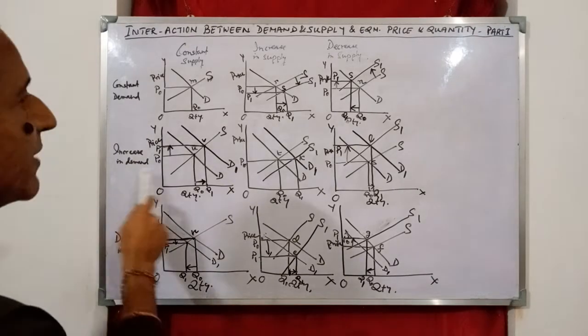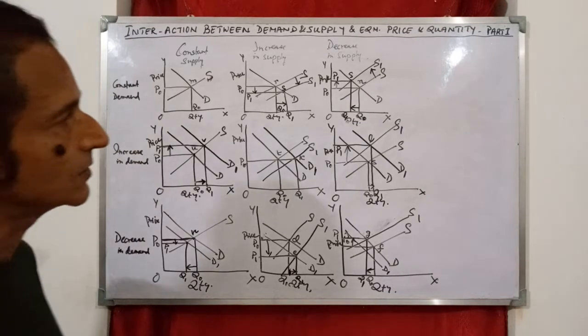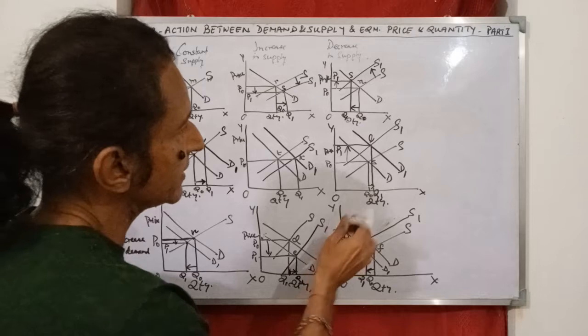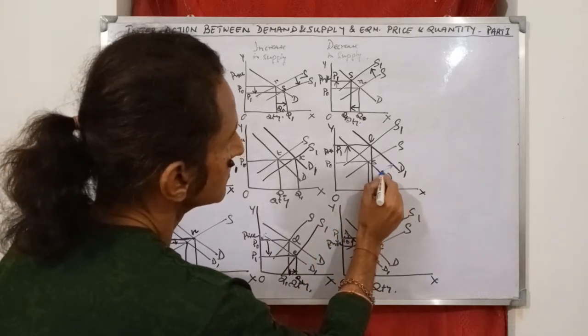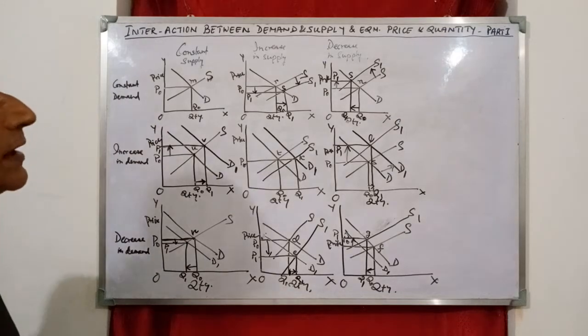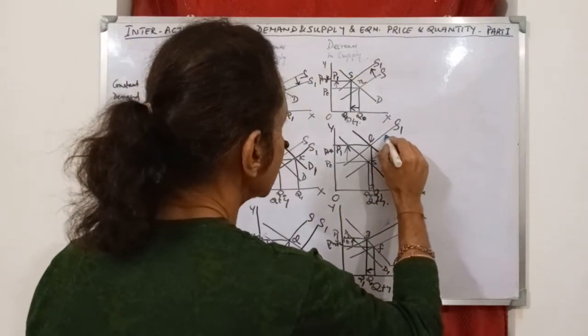Now demand is increasing and supply is falling, supply is decreasing. As demand increases, the demand curve shifts parallelly rightward from D to D1 and supply is falling. The supply curve shifts leftward from S to S1.